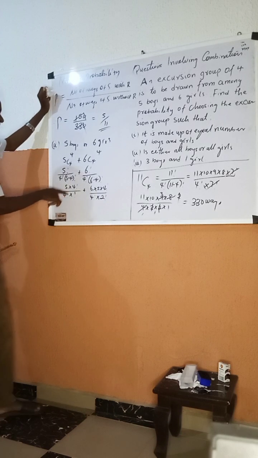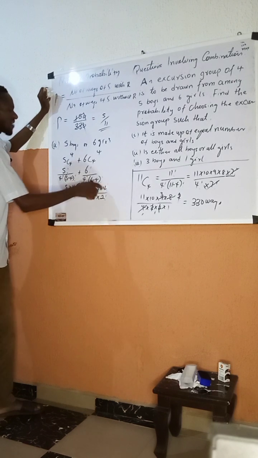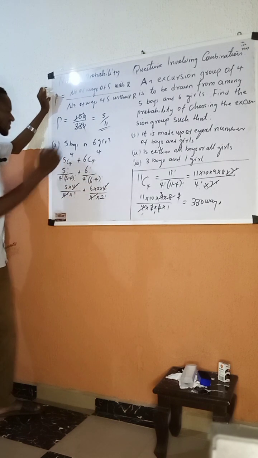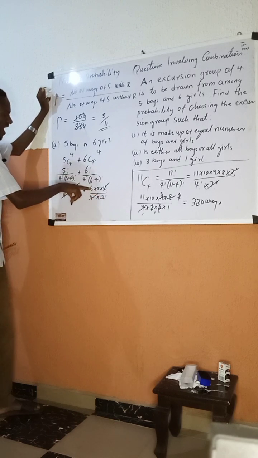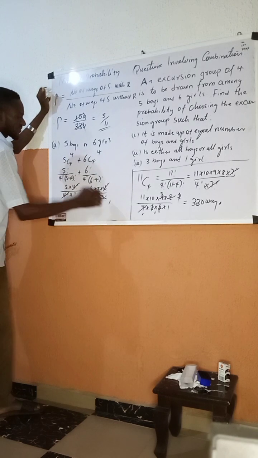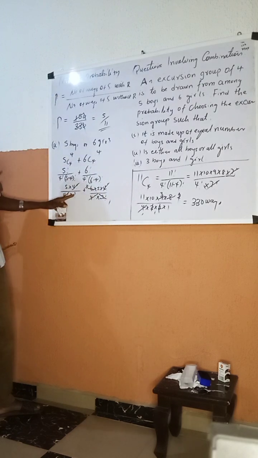I have 4 factorial here and 4 factorial here, so they cancel. I have 2 factorial here, which is 2, and I have 6 here, so 6 over 2 is 3. 1 factorial is 1.